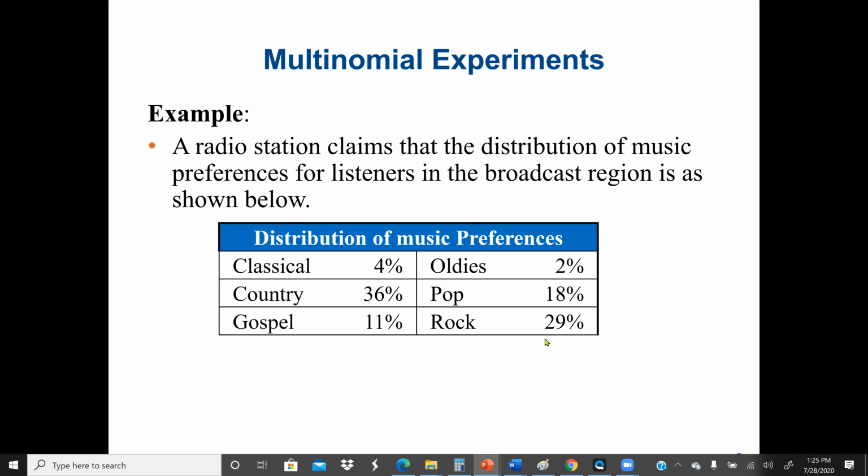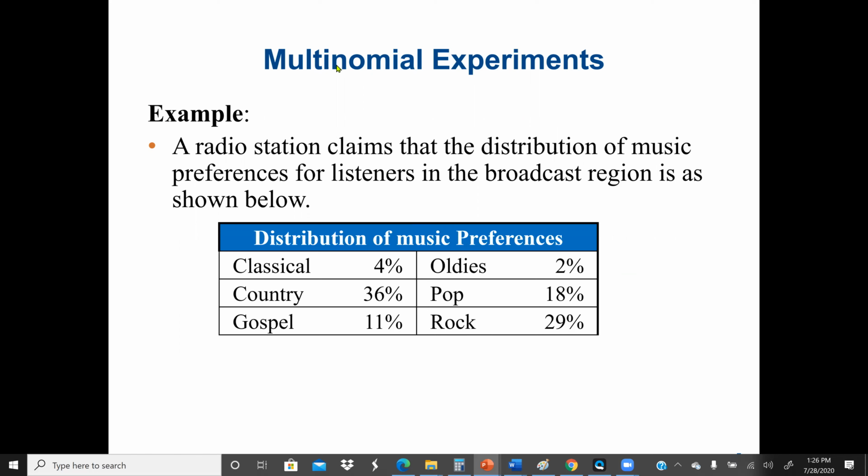This is an example of a multinomial experiment, because there are 6 different music preferences, or in this case, 6 different outcomes.